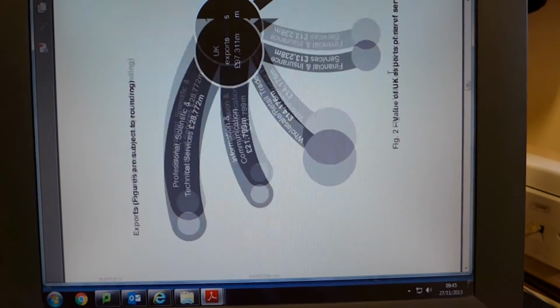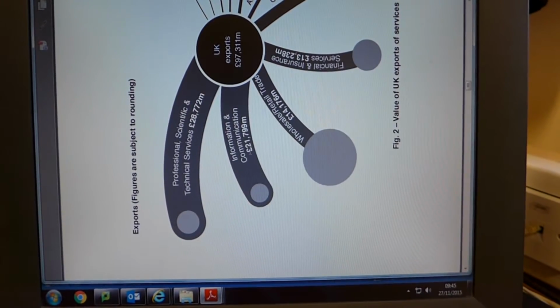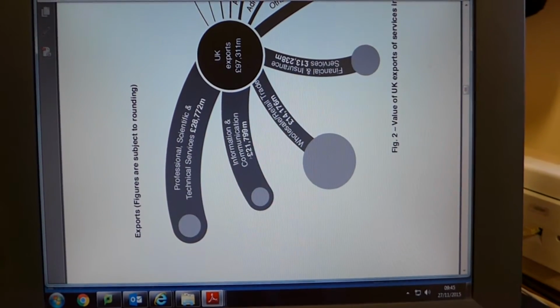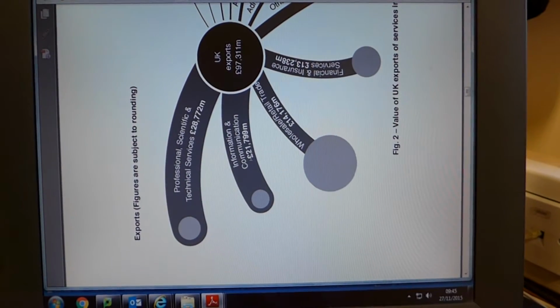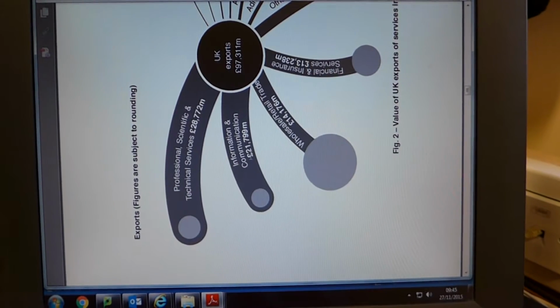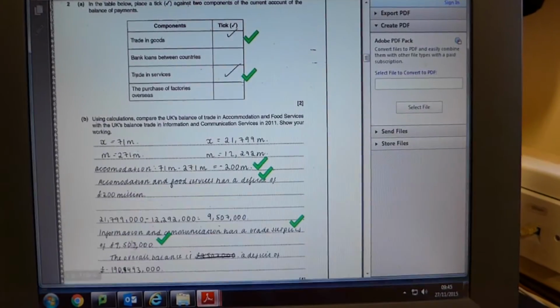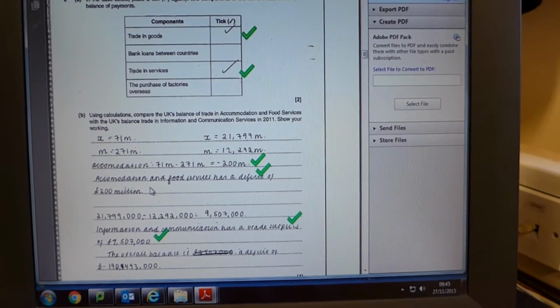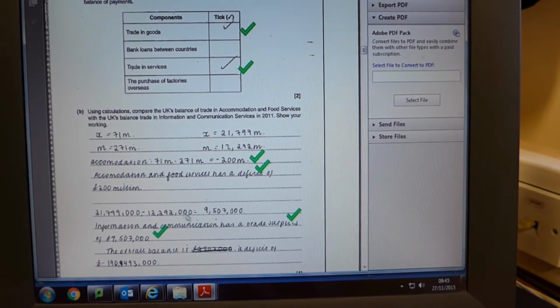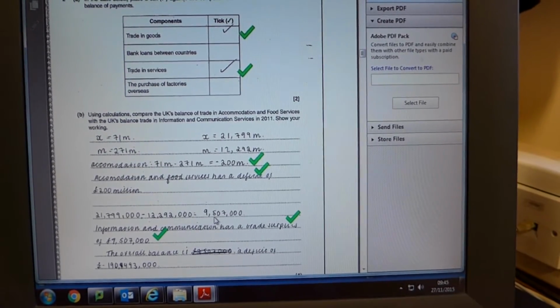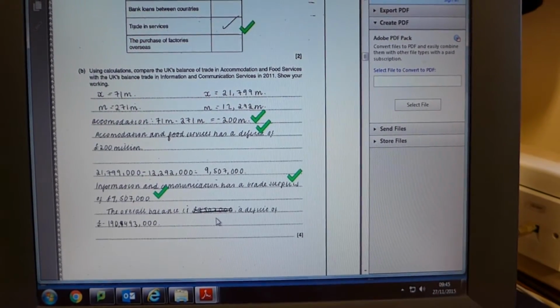Look to your exports, 21.7 million. So you've clearly more money coming in than going out. And again, you work out what the actual figure is, and you will find that the balance on that one is 9.5 million. And that is a surplus.